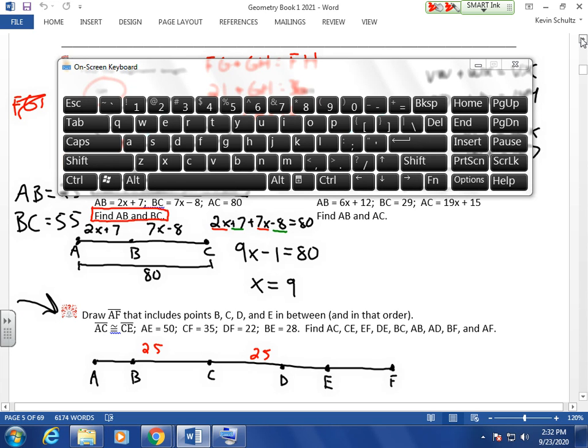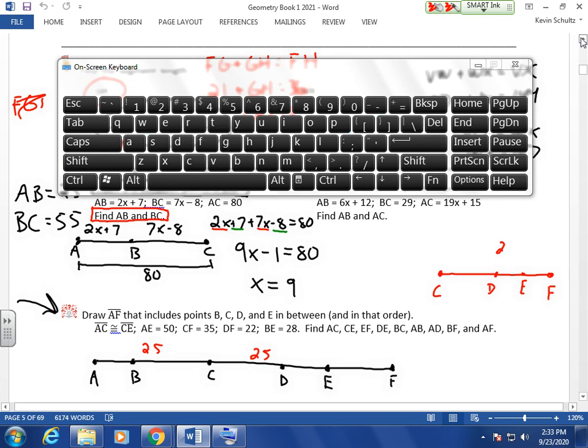The next piece of information says CF is 35. So I'm just going to take this and draw it over here so we can separate it from the whole picture. I'm only going to focus on segment CF. I've got D in between here, and I've got E over here.